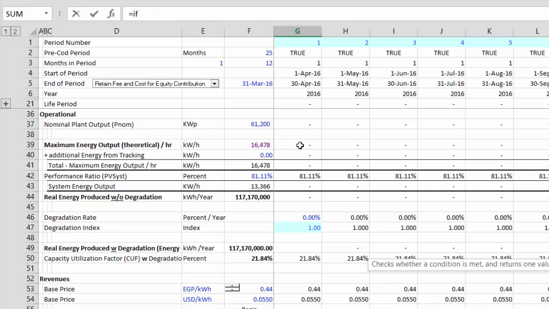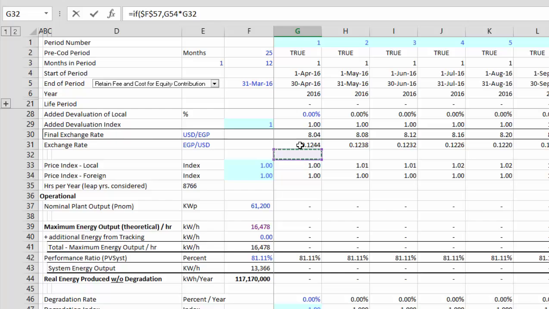If it's true, F4, then take the base amount, the base price, and multiply it by the index, which is the foreign. I hope I did that right in the last one.